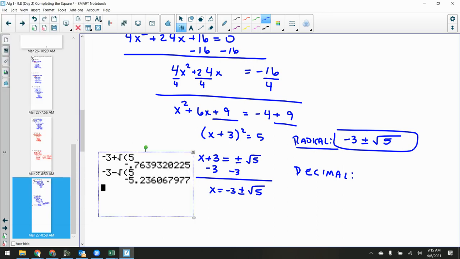So that'll get me x equals negative 0.76. X equals negative 5.24. Please understand that those decimals really represent that radical answer. That radical answer is equivalent to those decimals. It's just a rounded answer.